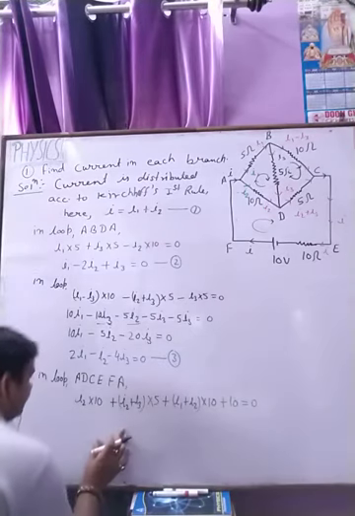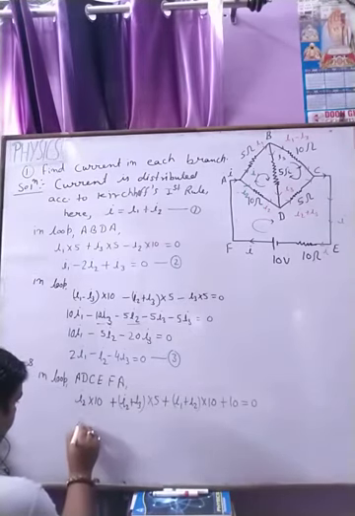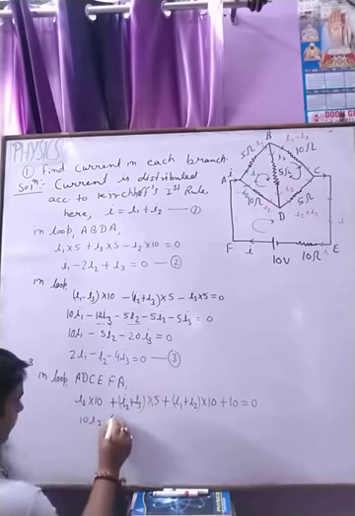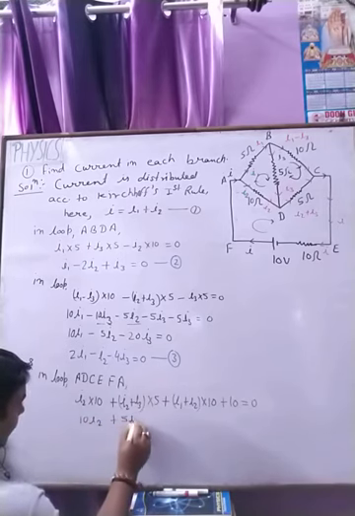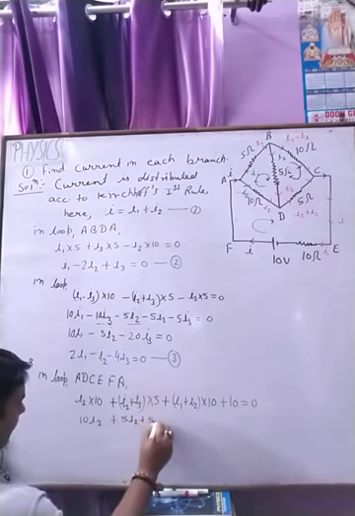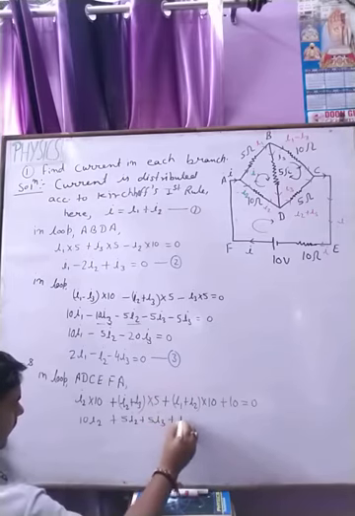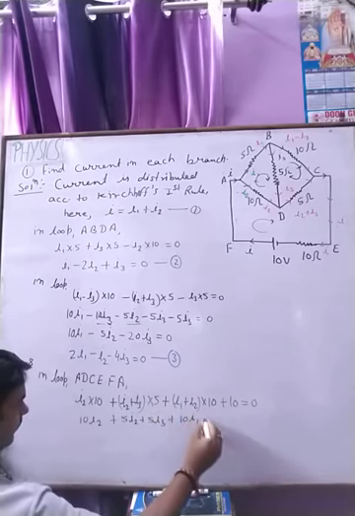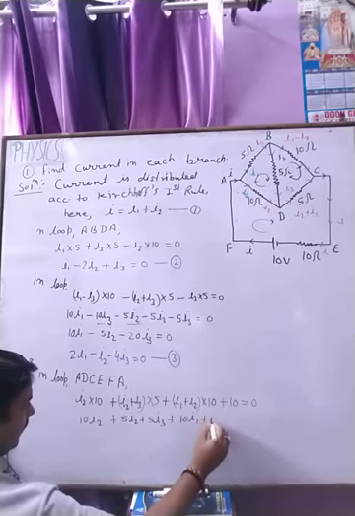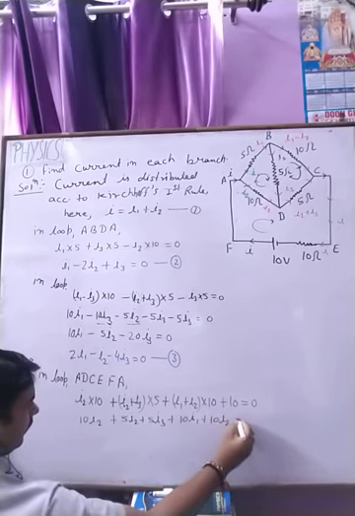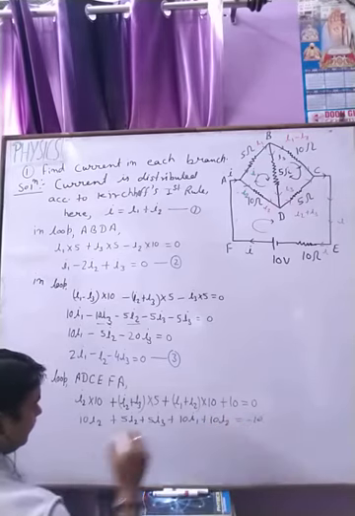On solving, 10I2 plus 5I2 plus 5I3 plus 10I1 plus 10I2 equal to minus 10.